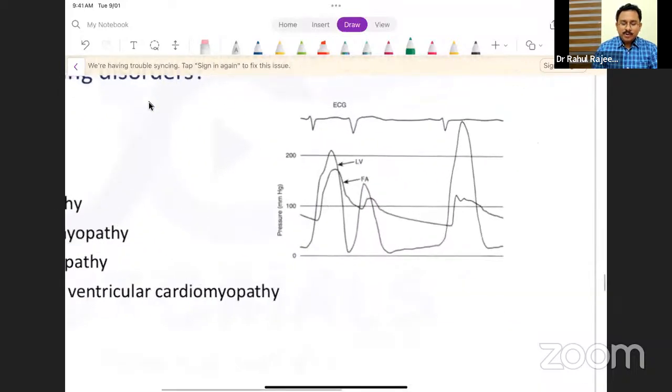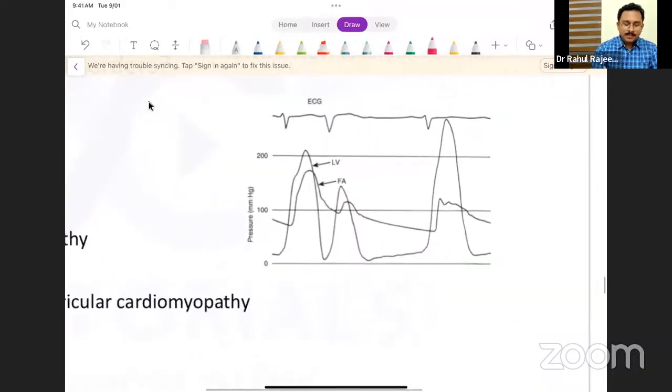When you look at this hemodynamic tracing, please closely observe this ECG, where you can see a ventricular premature beat here. Yes, this is a ventricular premature beat. Now also observe the left ventricular pressures as well as the systemic pressures. For example, here it is the femoral artery pressure.